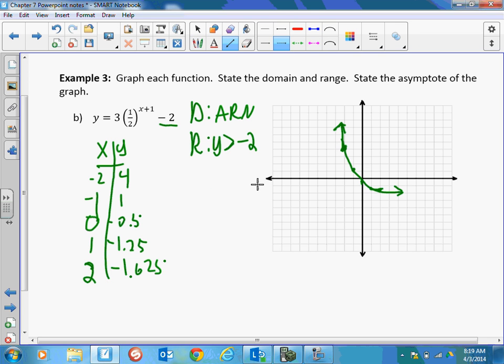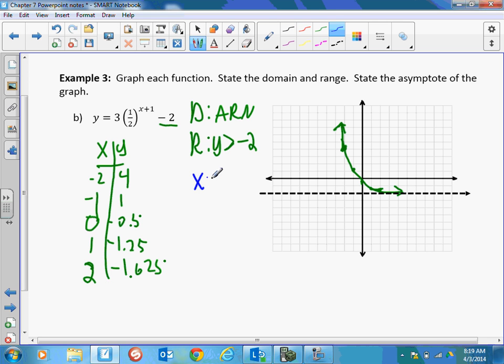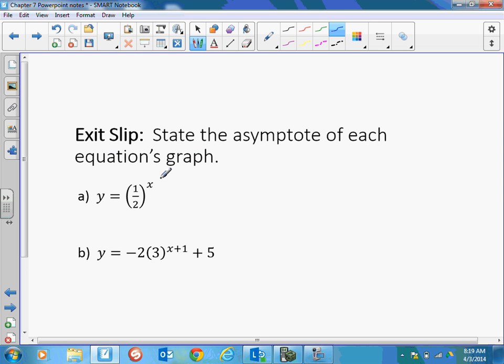If we draw that dotted line across at -2, it's infinitely close but never quite hits it. So the asymptote is at y equals -2. Now you have the domain, range, asymptote, and what the graph looks like.